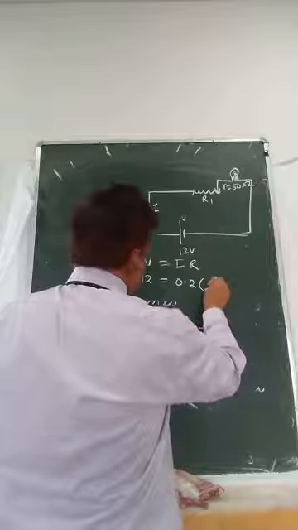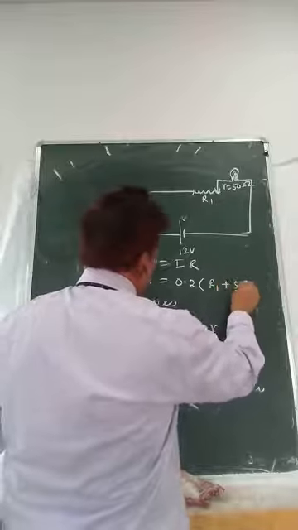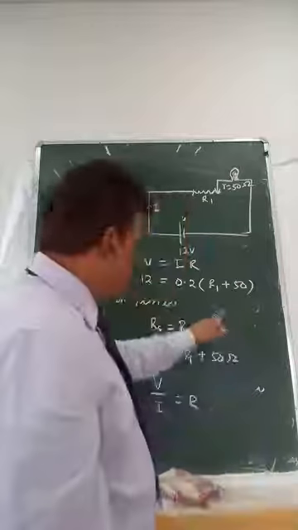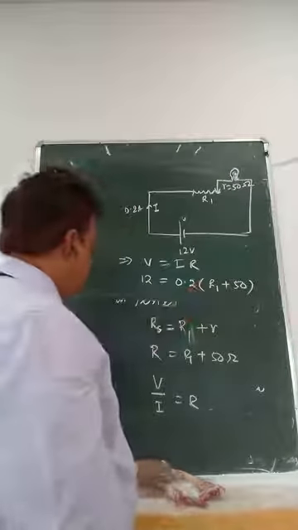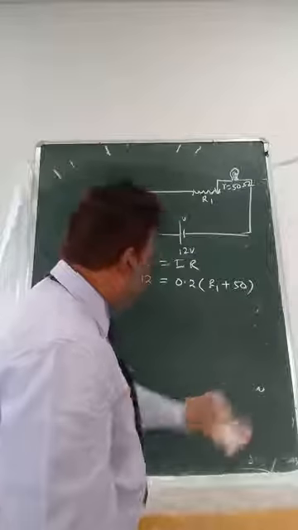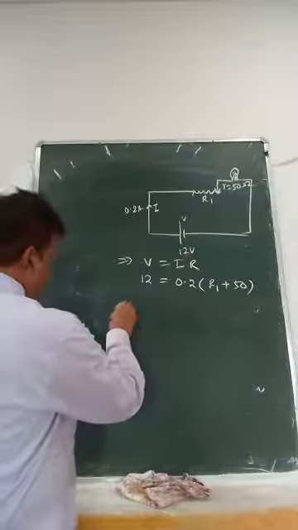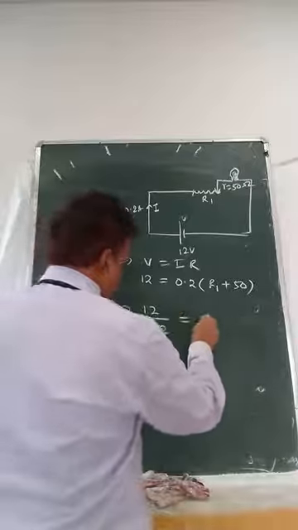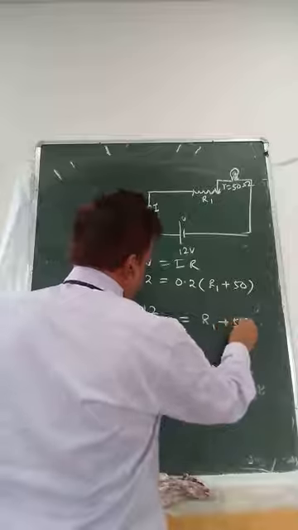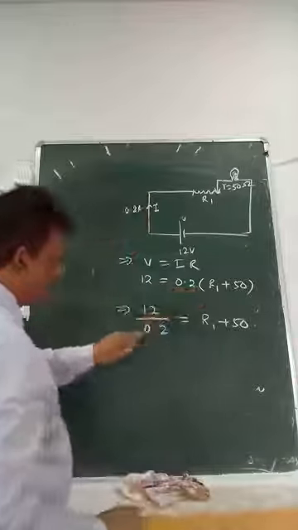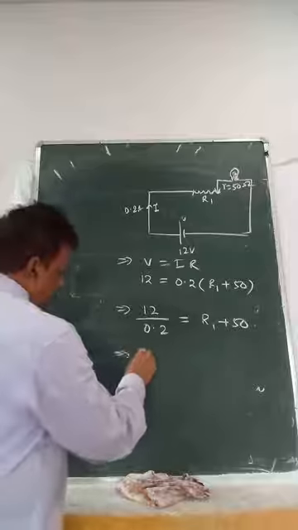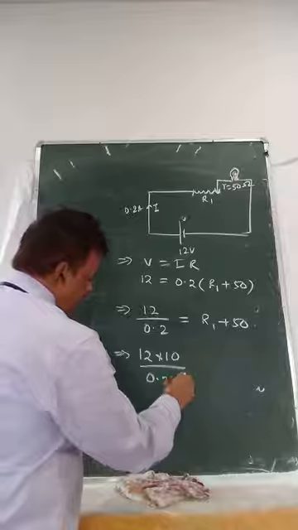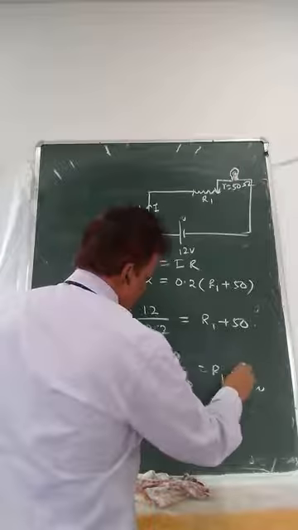Your resistance is R1 plus 50. Now you have to find this one. So this number is multiplied, you can bring it here: 12 by 0.2 equals R1 plus 50. Now how to simplify? 12 into 10 by 0.2 into 10.